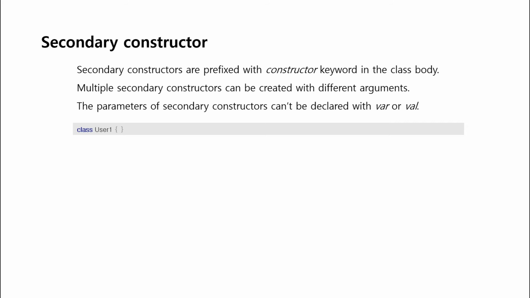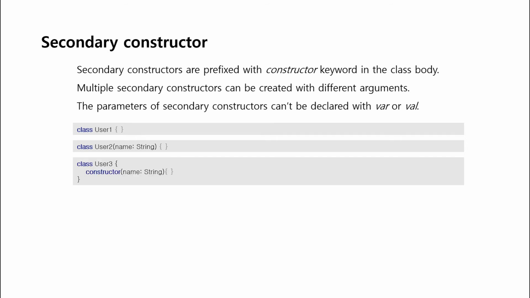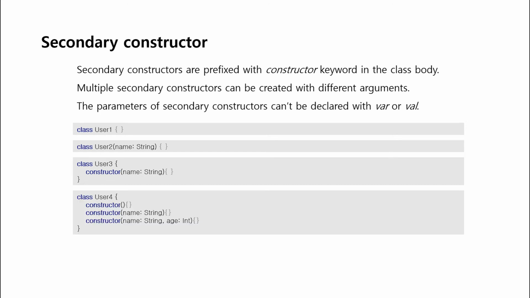Next, the second class has a primary constructor declared. The next class has a constructor with the constructor keyword inside the class body, which is a secondary constructor. In this case, because we have the secondary constructor, the compiler won't create a primary constructor, so this class has only one secondary constructor. Of course, as we talked about, with different parameters, we are able to declare multiple secondary constructors.